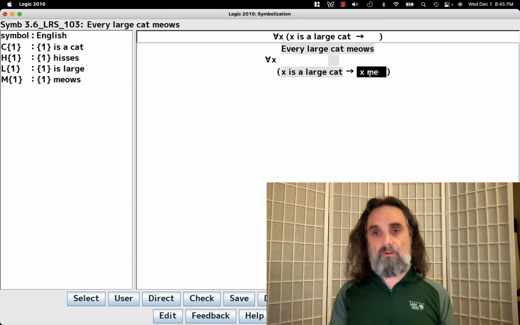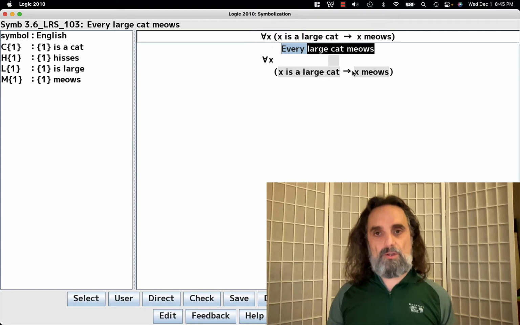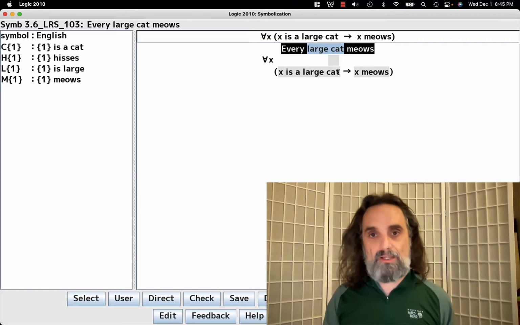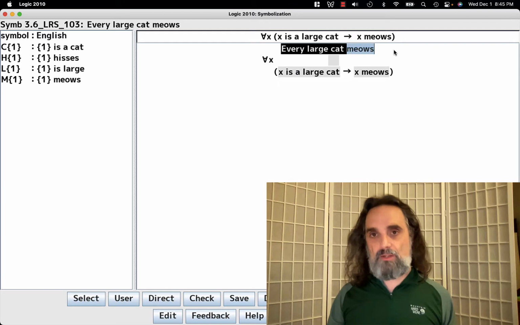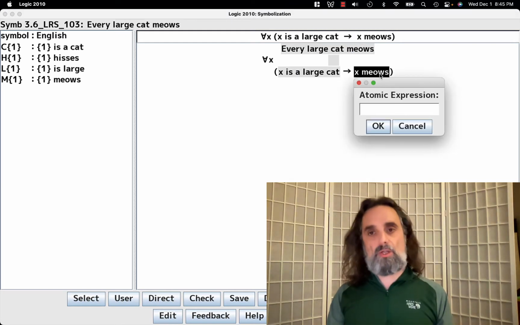So then we'll put the verb phrase there. So the quantity word every gives us the universal and the conditional. And then large cat is a unit, the noun phrase that's attached to the quantifier, and that always gets symbolized in the antecedent. And the verb phrase, which is what's left over, gets symbolized in the consequent. So meows is just atomic M.